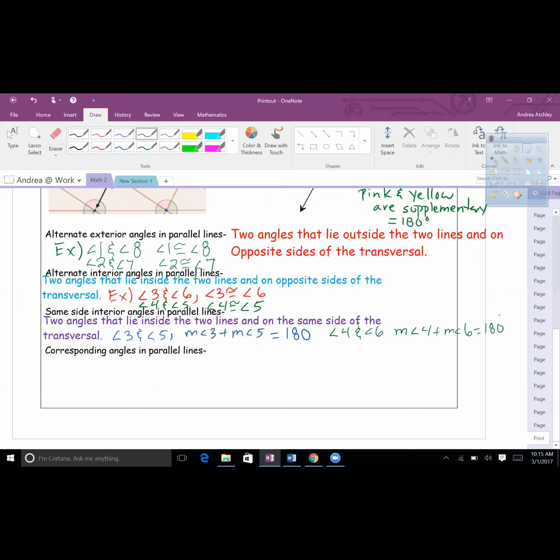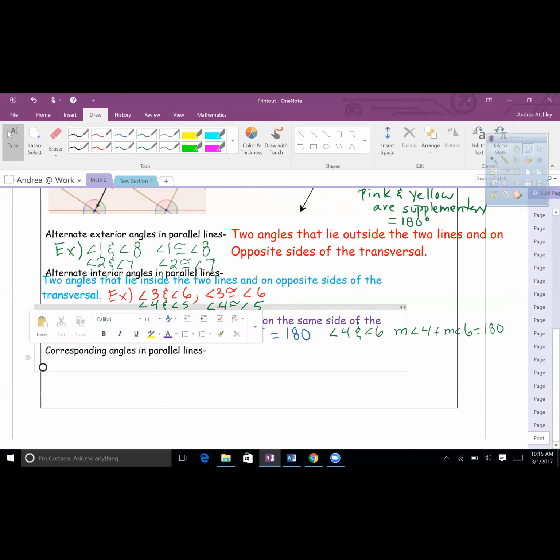Okay, then our last set is corresponding angles.